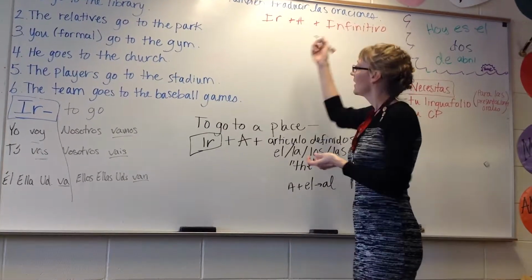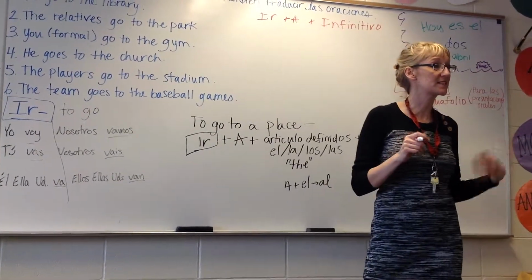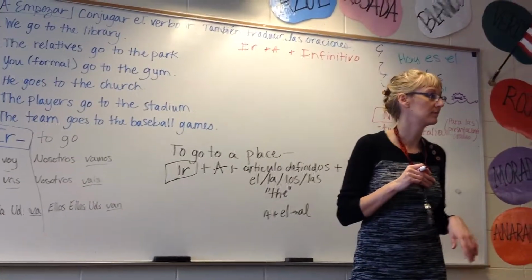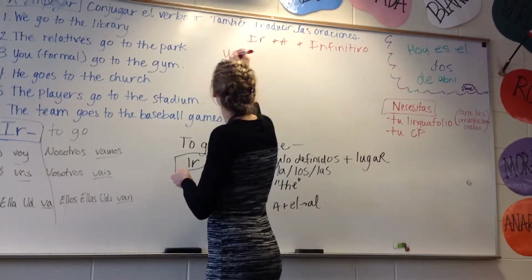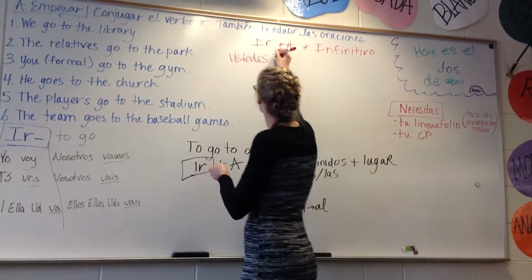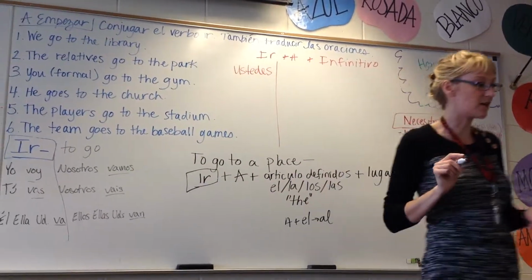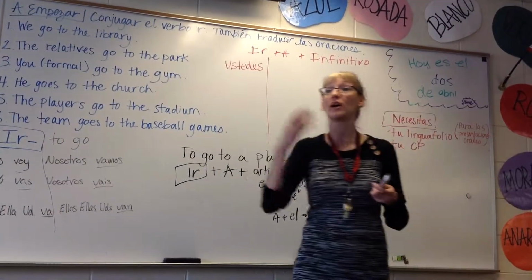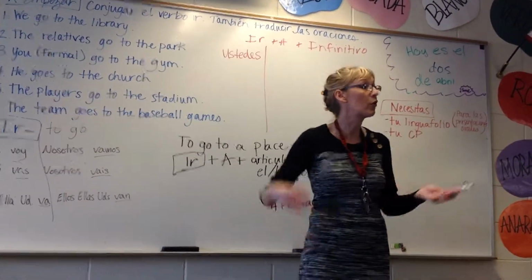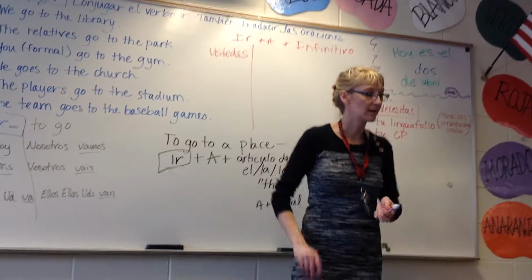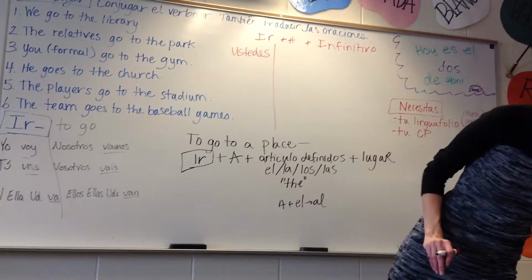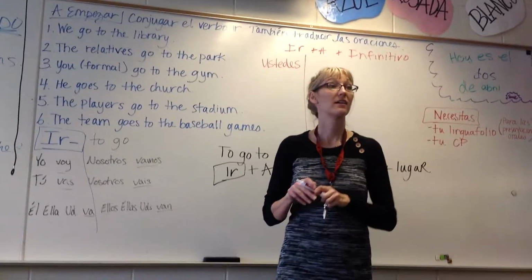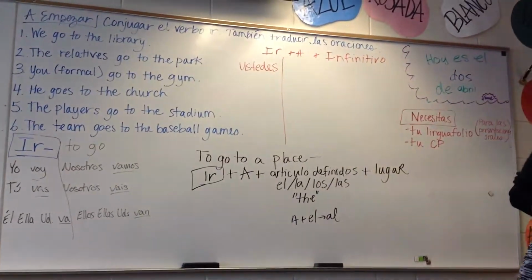In the first column, it gives you a whole bunch of subjects. So what's the first subject on there? Ustedes. The first column, go ahead and draw a line. These are the subjects. These are who are doing the action or going to do the action. What is not listed here that you actually need? And what else?